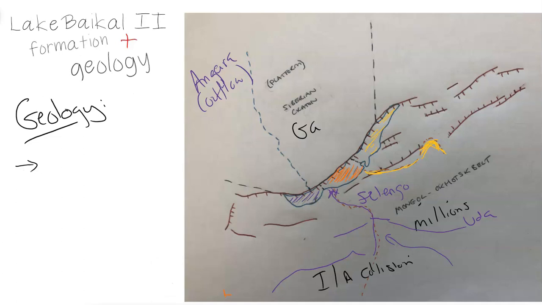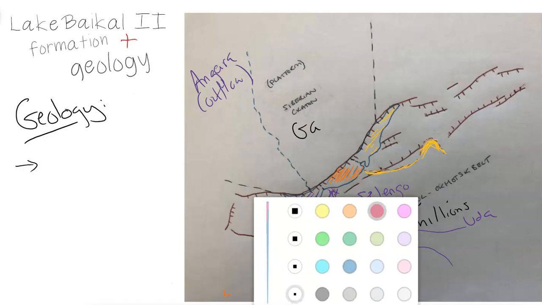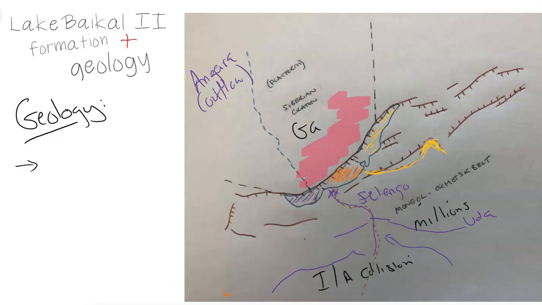Central is really, really deep, and it's one of the oldest lakes in the world, with its own native species of flora and fauna, and it's a fantastic place to study not only tectonics and geology, but also biodiversity and evolution. But the geology is also really cool because you've got a lot of old Precambrian rock right here.